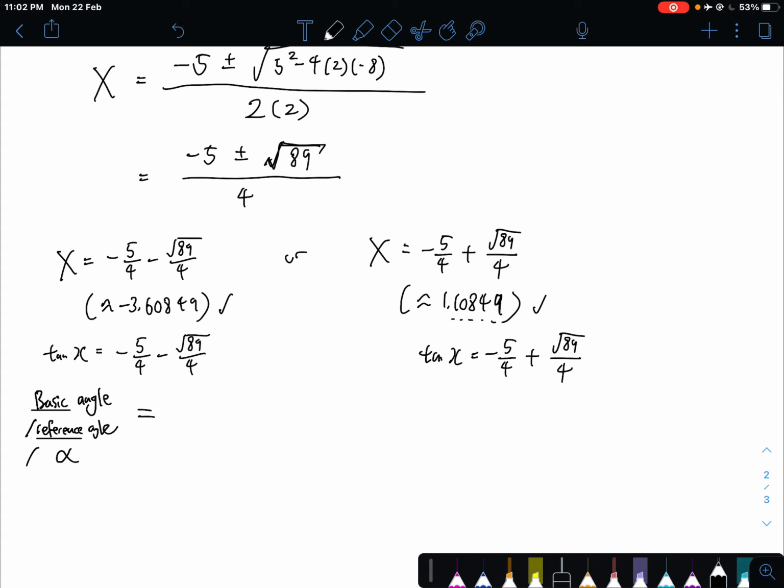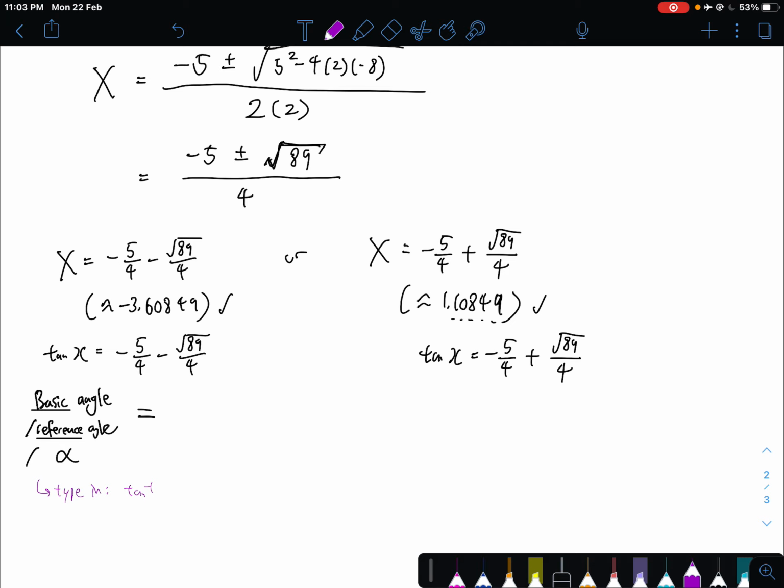Now in this case, tangent x is equal to this value over here. What you want to do is go into your calculator. Let me use a different color to represent what you type into the calculator. Type in tangent inverse.